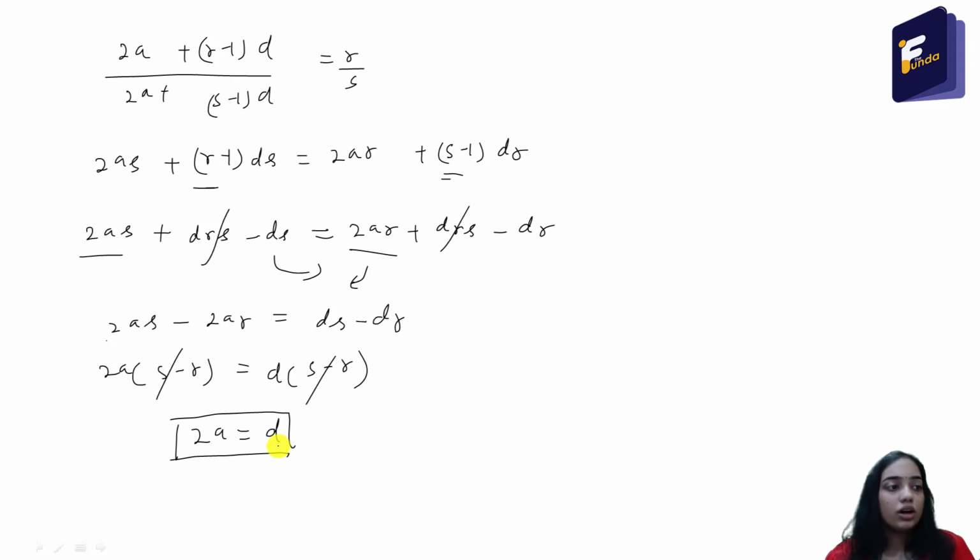So now we are asked about the ratio of 8th term and 23rd term. This becomes very easy because we already know the relation between a and d, that is, the first term and the common difference.